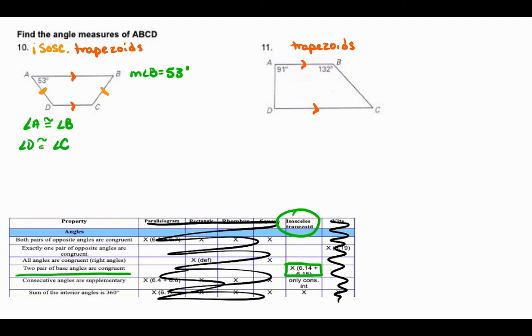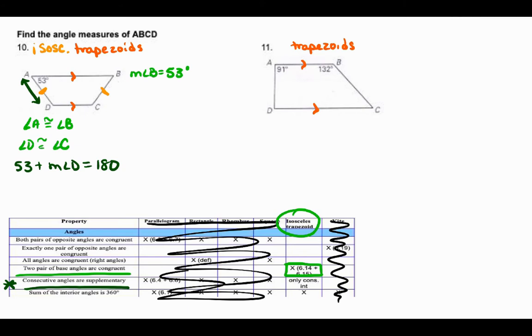For all of the remaining items, we're going to use the fact that we have consecutive interior angles that are supplementary. So we have a common transversal between our parallels. So my measure of angle A, which is 53 degrees, plus the measure of angle D is going to have to be 180 because consecutive interior angles of parallel lines are supplementary, and we have that with trapezoids.